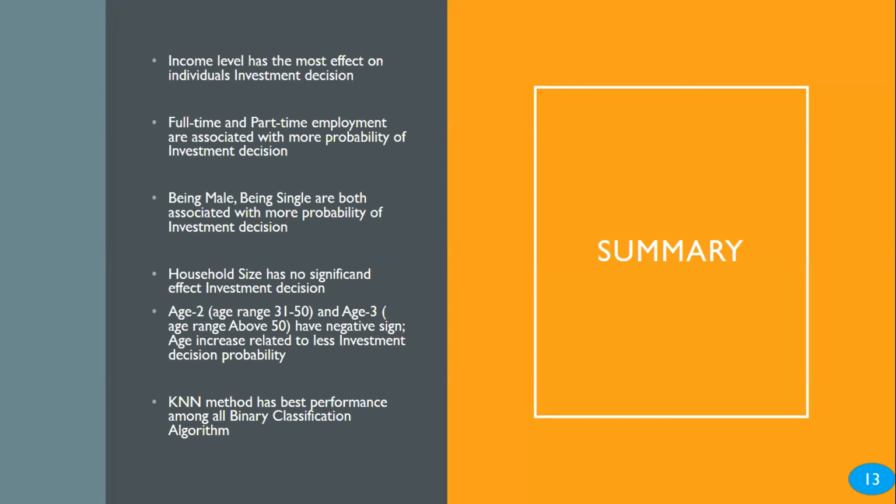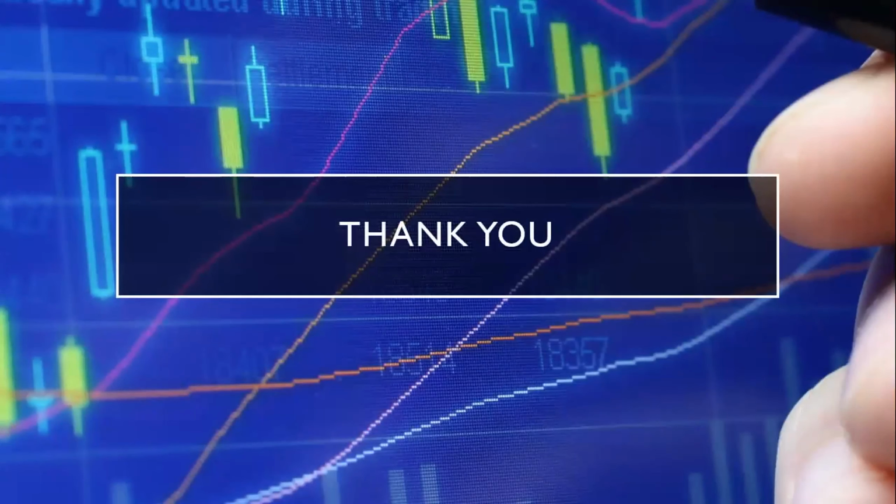And in the comparison between the classification methods, we saw that the KNN method has the best performance among all other binary classification methods. Thank you everyone for your attention.